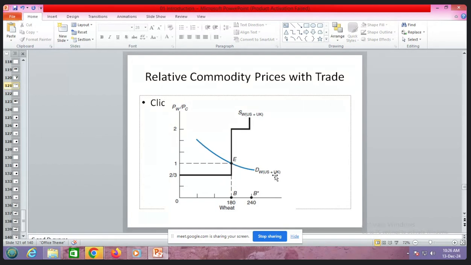Given the demand curve, based on tastes and preferences, suppose it intersects at the relative price of 1:1. Then the equilibrium takes place at point E, where demand and supply intersect, and the US is specializing in wheat and the maximum world production is reaching 180.